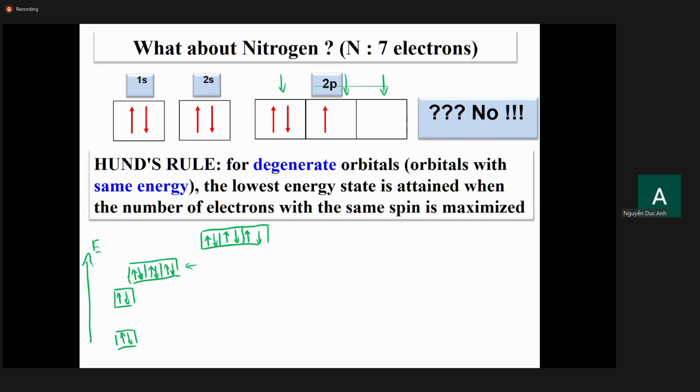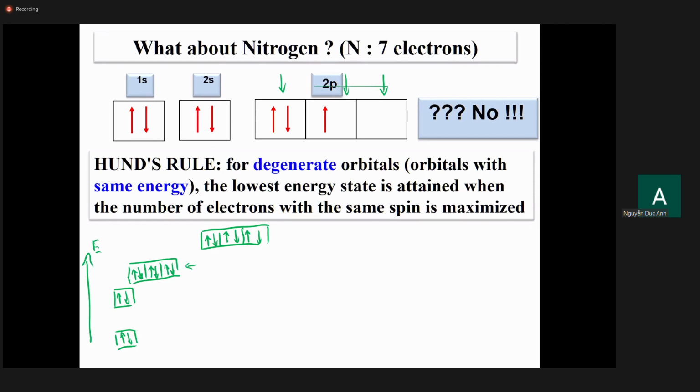Okay, in which you follow Hund's rule. Electrons will fill the degenerate orbitals so that the maximum spin will be reached.